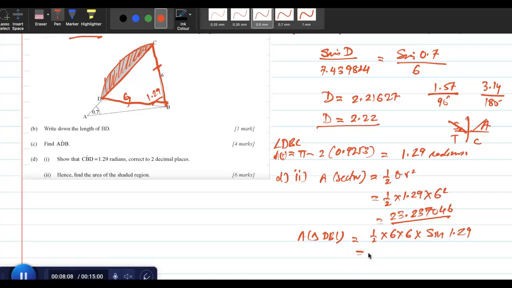That gives 17.29503. Therefore the required area of the shaded region, after subtracting, is 5.94.